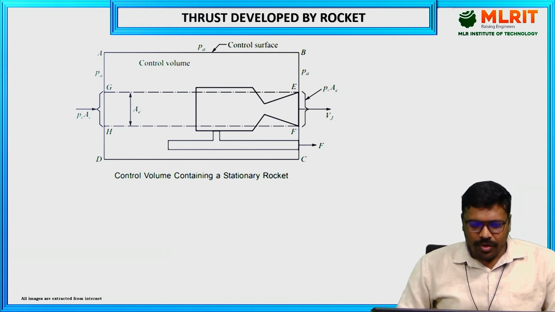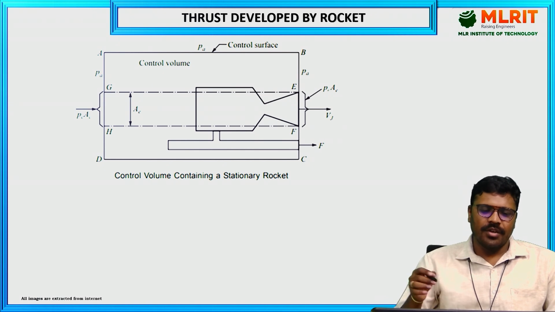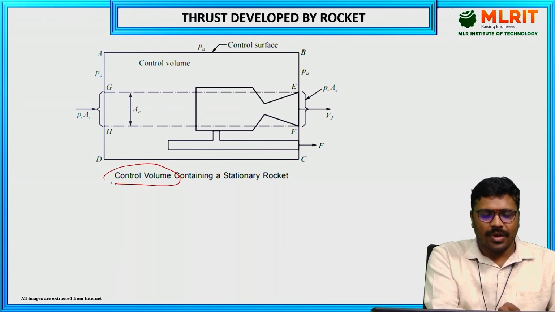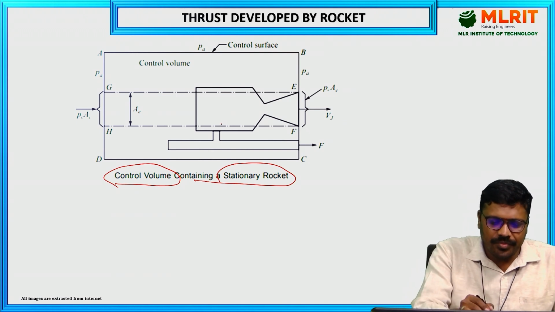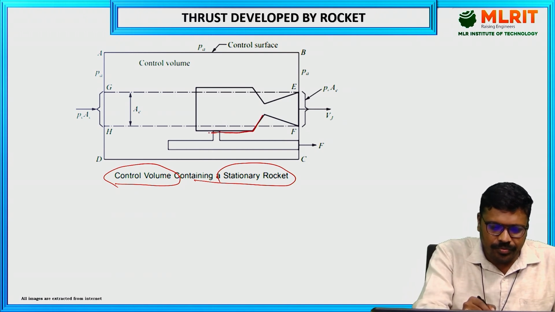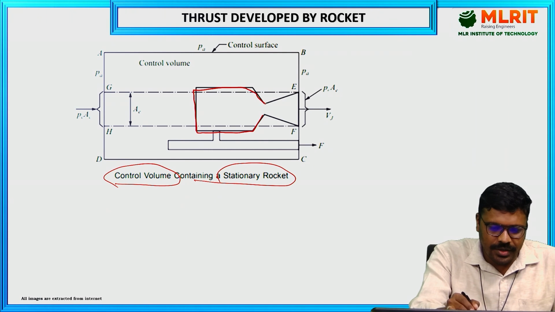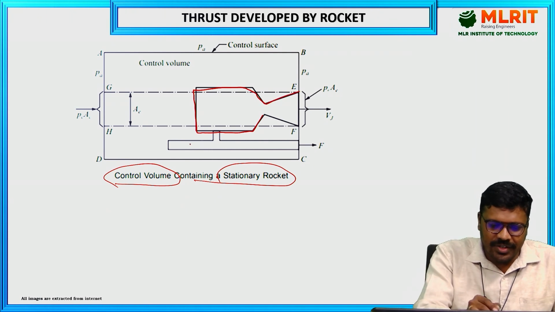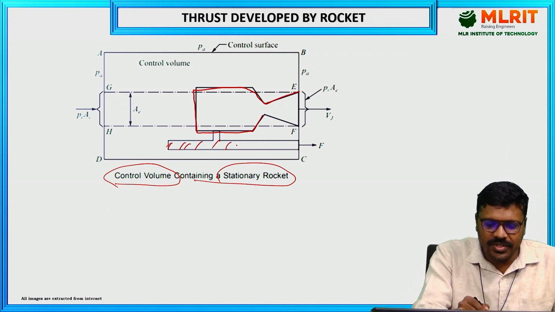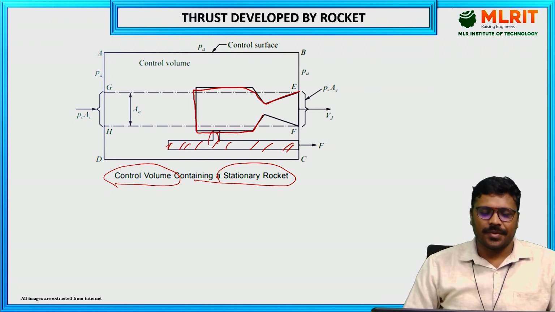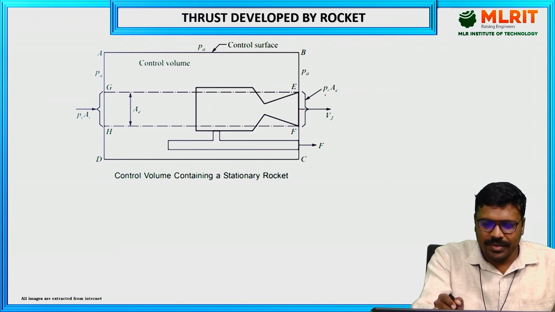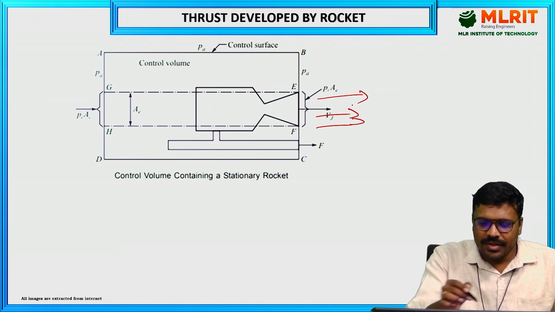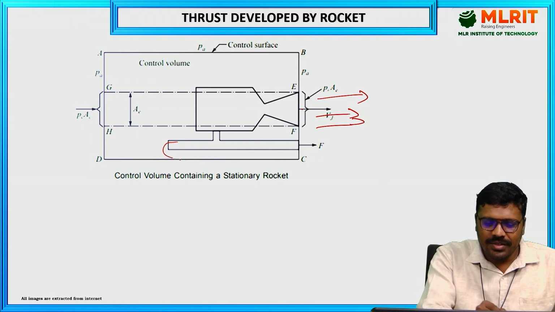First, go through the diagram. Here we have taken the control volume containing a stationary rocket. This is the rocket, and it is fixed to a support. Whatever thrust is developed by the rocket will give a force on this support.